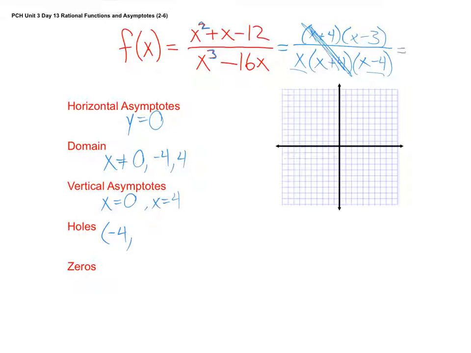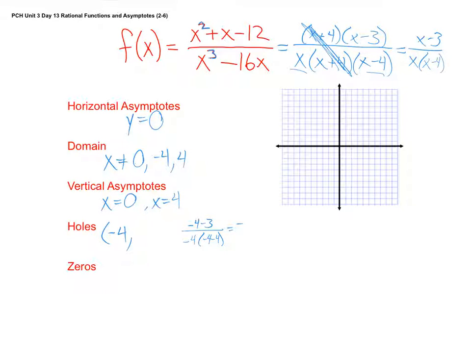So now we look at what's left over. X minus 3 over x times x minus 4. To figure out the y coordinate of our hole, we're going to plug in -4 to what's left. So we get -4 minus 3 over -4 times -4 minus 4.